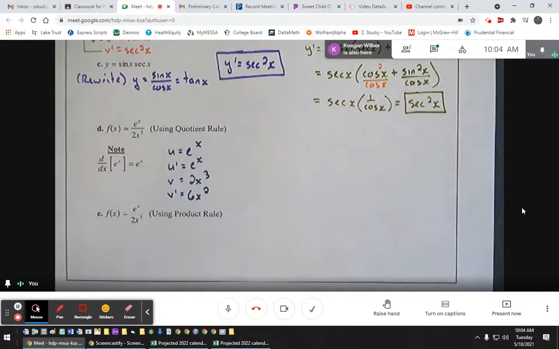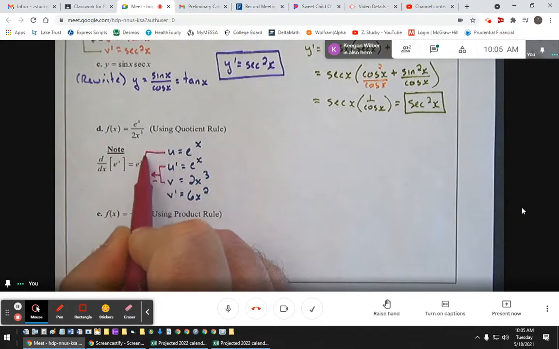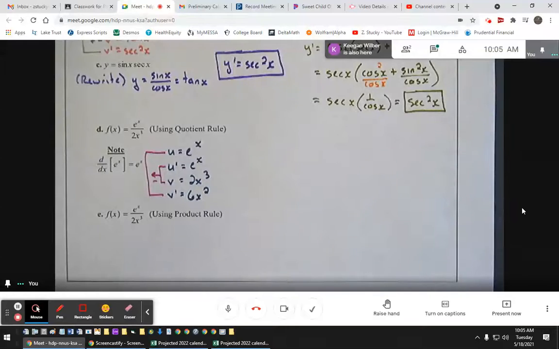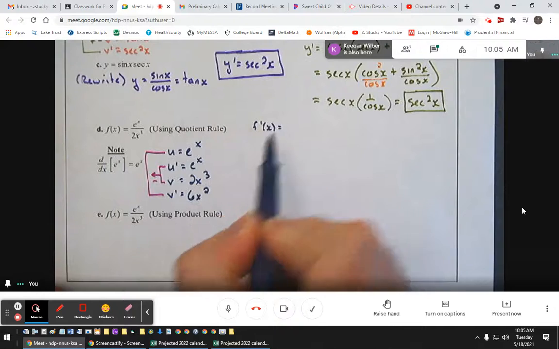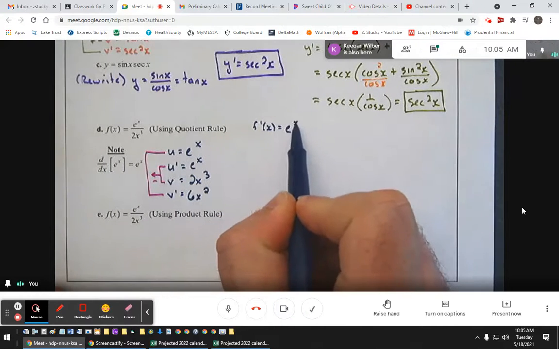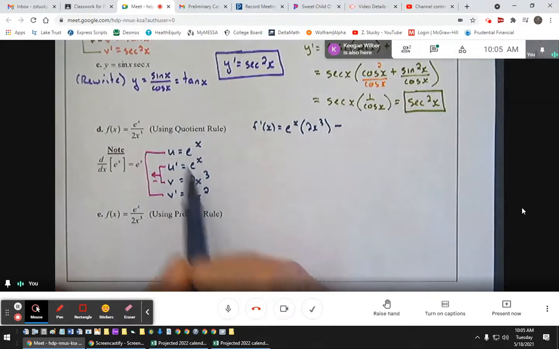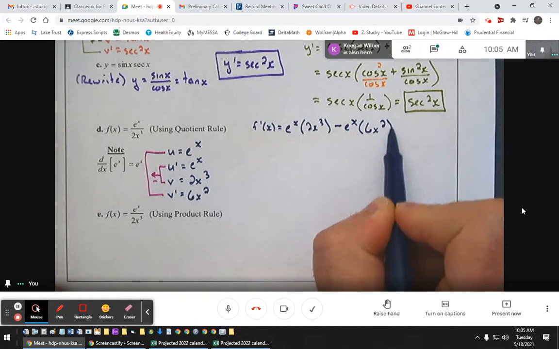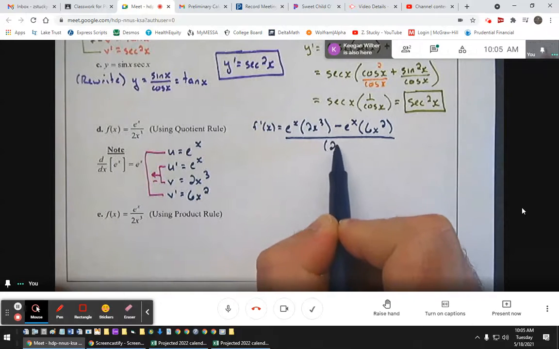Oh, no, this is a quotient rule. Darn it. This is why you write little notes. So this is f prime of x would equal u prime v, e to the x times 2x to the third, minus e to the x times 6x squared, all over v squared.